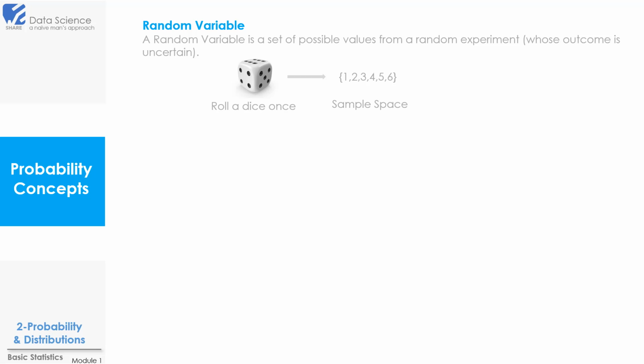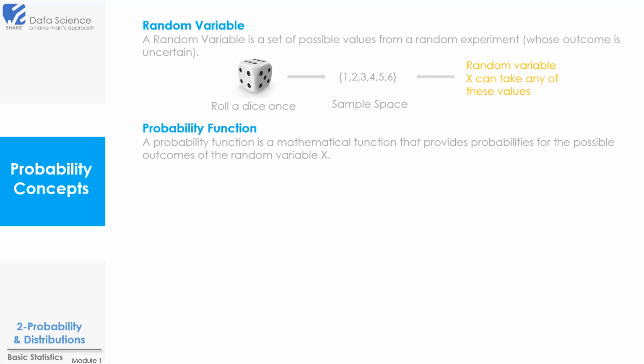The possible outcomes here are 1, 2, 3, 4, 5 and 6. Now the variable x can take any of these values. Hence x is a random variable. We use random variables because in an experiment there could be n possible outcomes, and mentioning all the outcomes every time we use the experiment is not a wise thing to do. So we use a random variable to denote the possible outcomes.